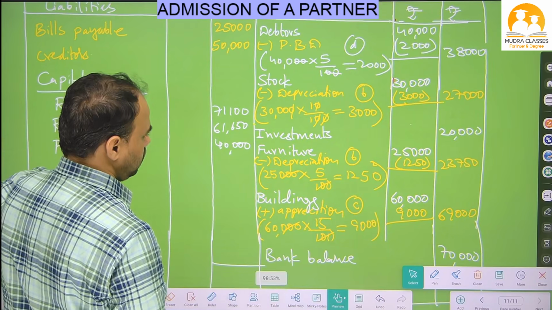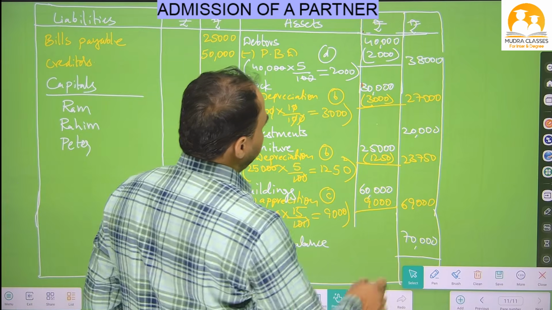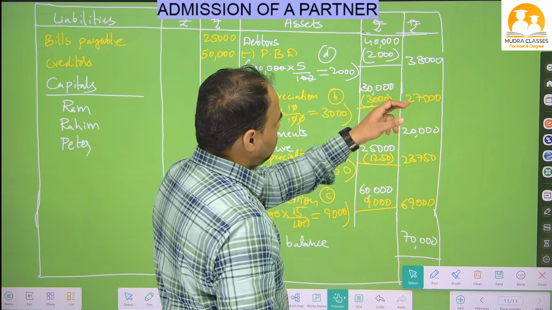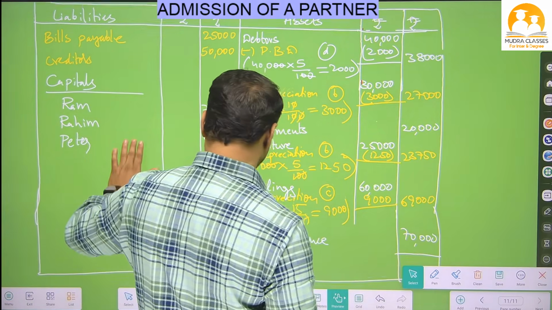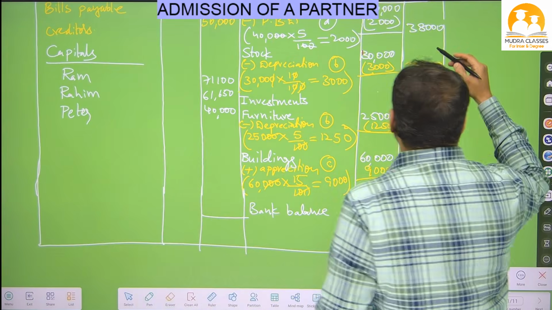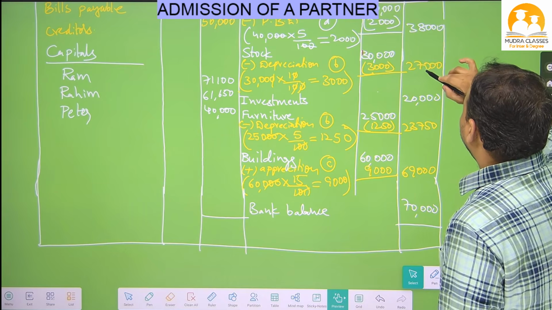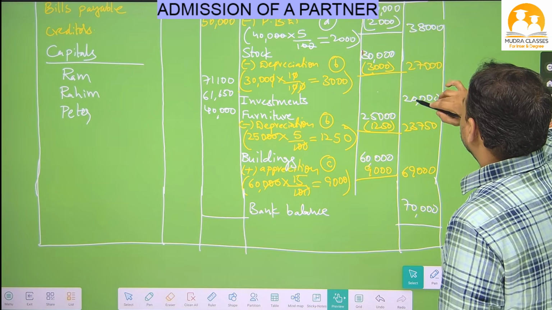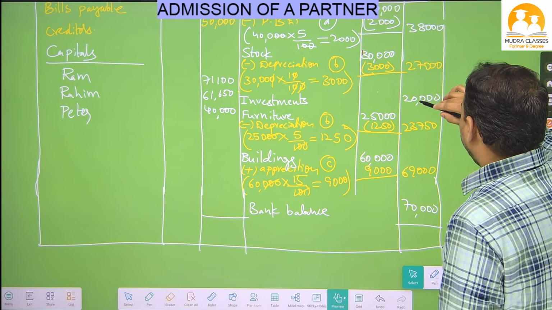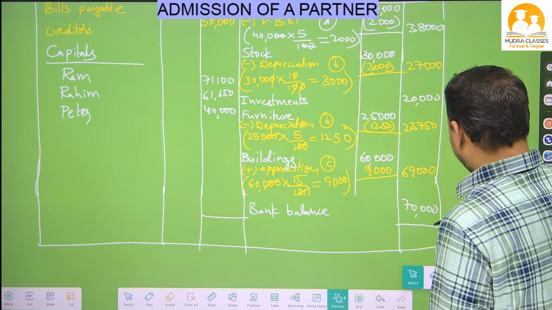So let's do one time total. So here 38,000 given. One by one we will do total. See, first credit side do total. How much we are getting? 38 plus 7 is 45, 65, 75, 85. No, not like this.